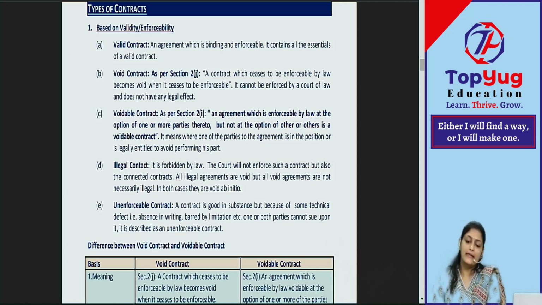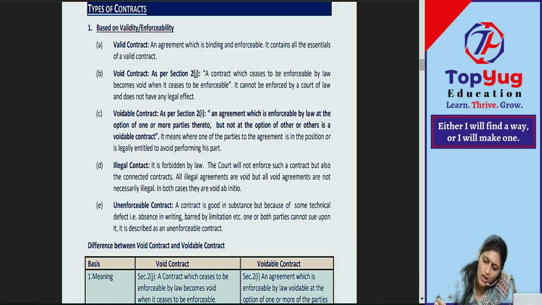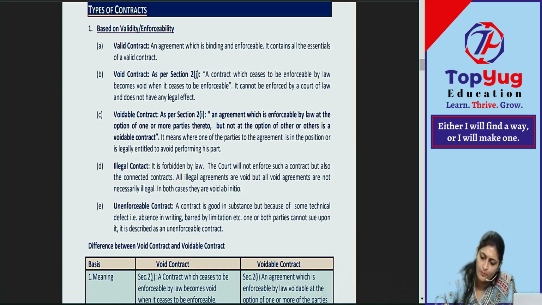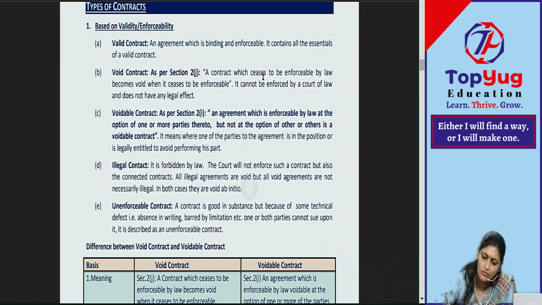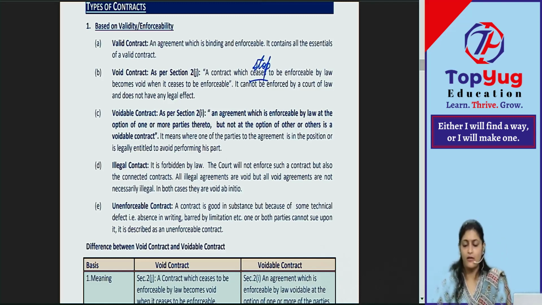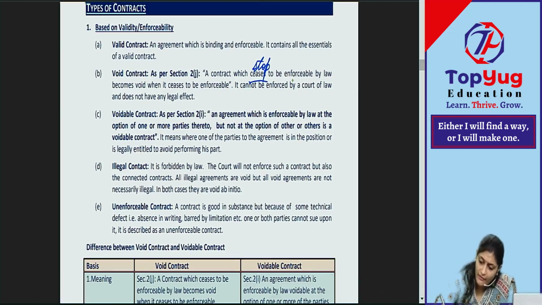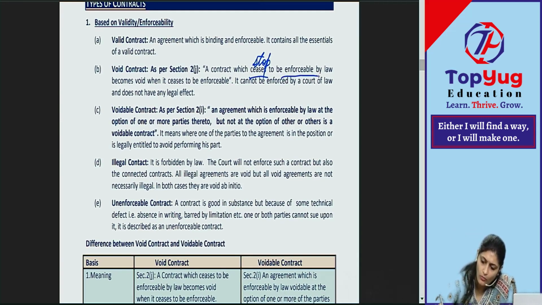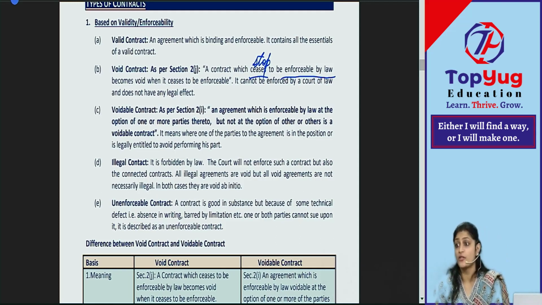No. So here the term ceases means what? To cease means to stop. And what is being stopped here? It is no longer being enforceable by law.